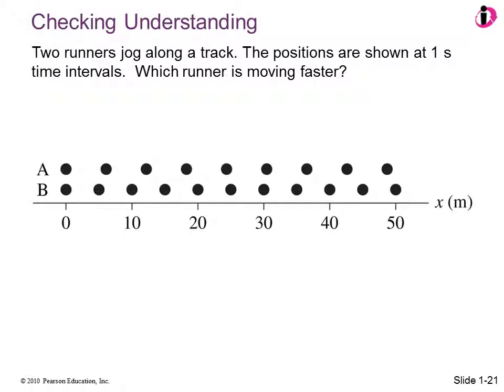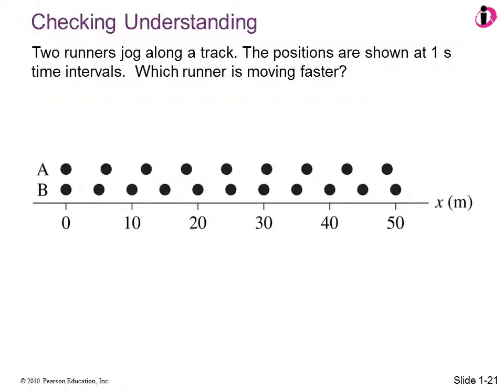So along here, let's take a look at using our particle, our point particle, representing an object. So this is going to be two runners, runner A and runner B. They're on a track, and it says the positions are shown at 1 second time intervals. Which runner is moving faster? So if each dot represents a 1 second time interval, each successive dot and you know that the distance between the dots is the distance that the runner covered.